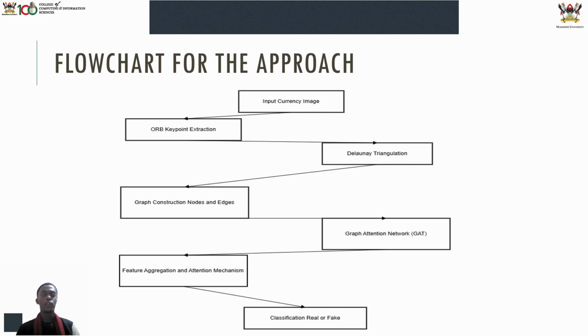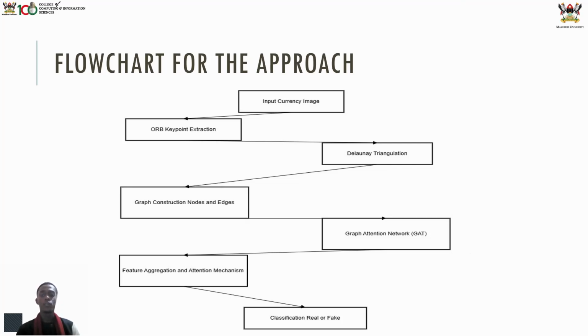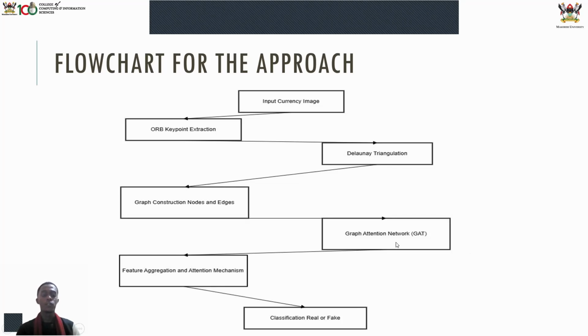The flowchart for the approach is just simple. You input a currency image, key point extraction by the ORB, then graph construction by the diagonal triangulation, and then the feature set is fed into the graph attention network that carries out feature aggregation, and also using its attention mechanism, gets out a prediction or classification of real or fake.